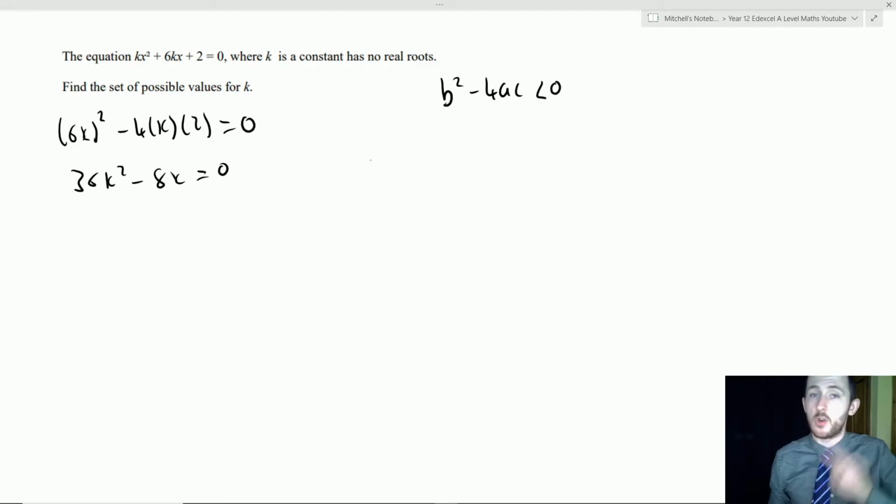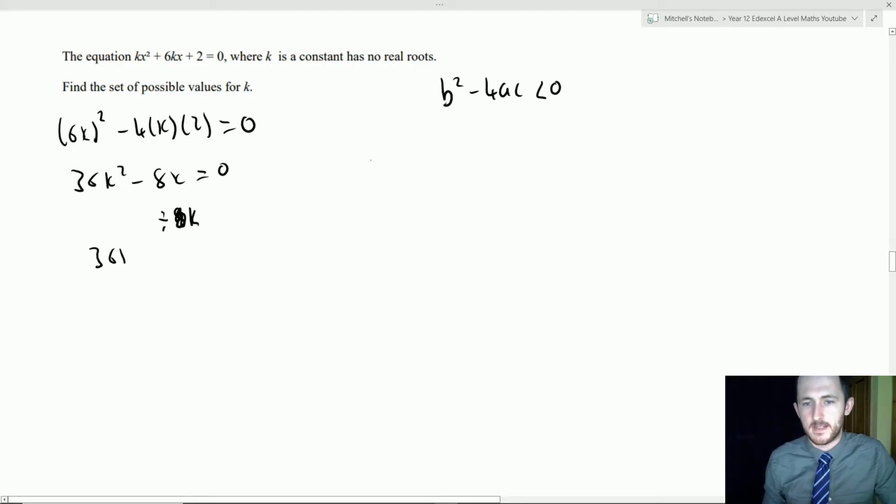Now what I can do here, it's not quadratic. Well, it is, but I can get rid of the quadratic by dividing by k. So I can cancel through by k. We get 36k minus 8 equals 0.